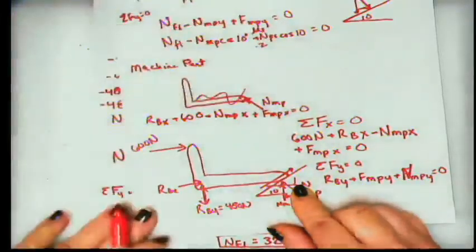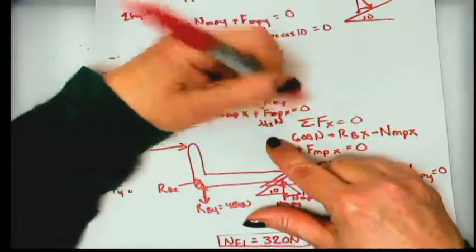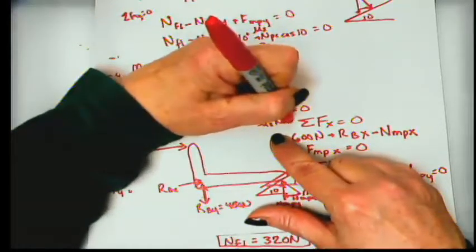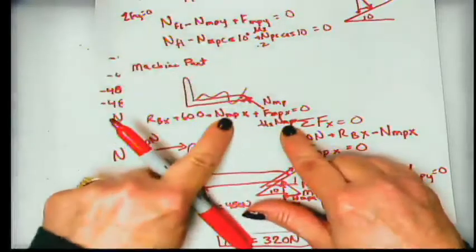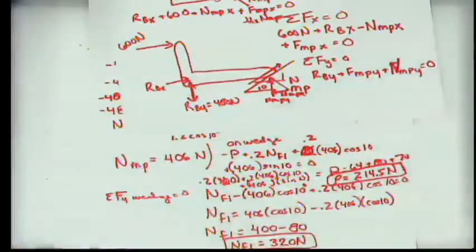Those four things would equal 0. Then the frictional force, of course, is mu s times N MP x. So you just have that one unknown right there, and we know what that is because we found it right here. And you can substitute it in and finish that problem.